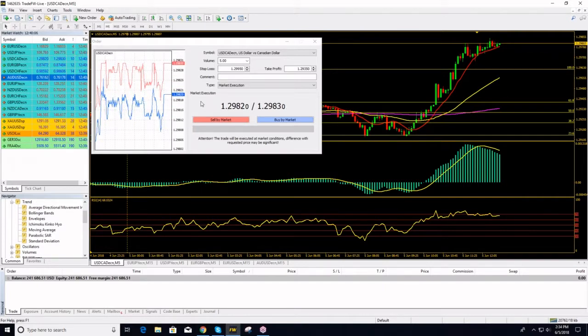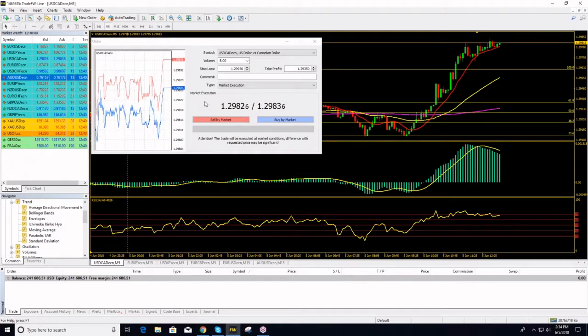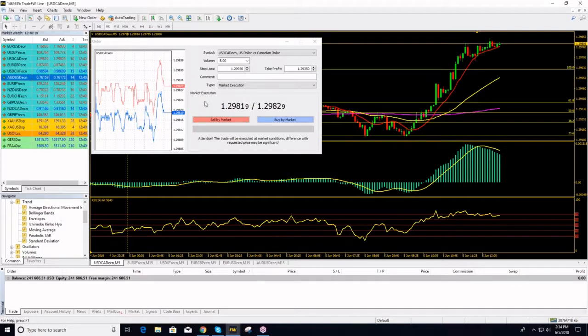And still nothing. Next 5 minutes. We are still waiting for the price to close below MA10.